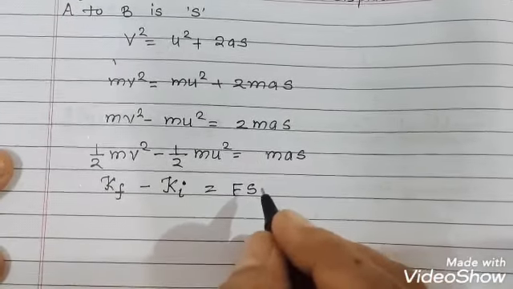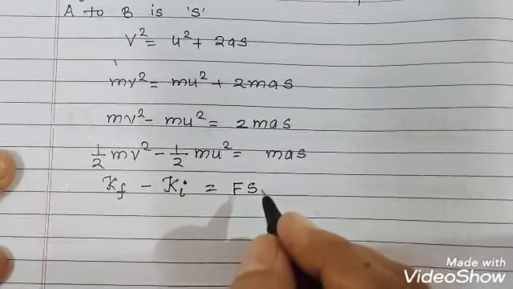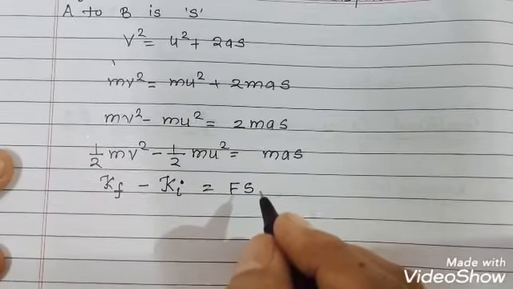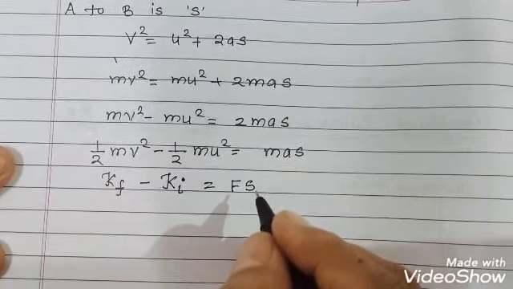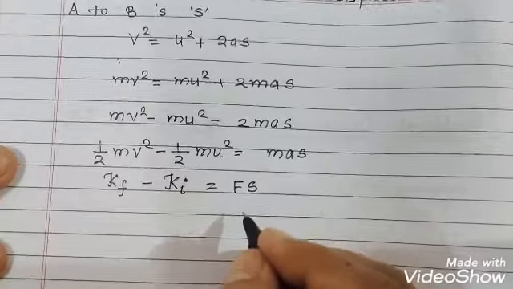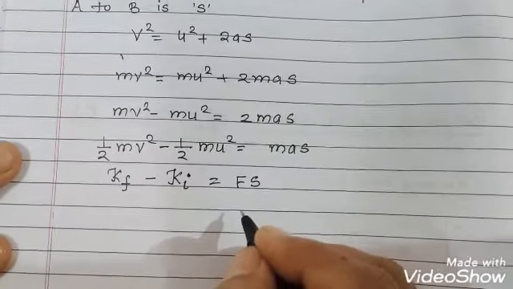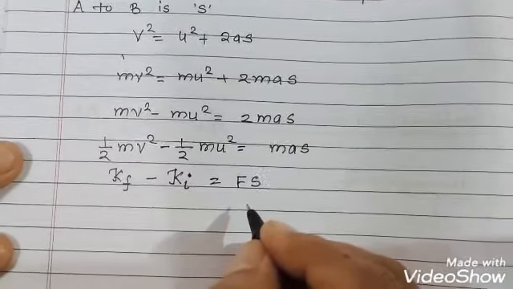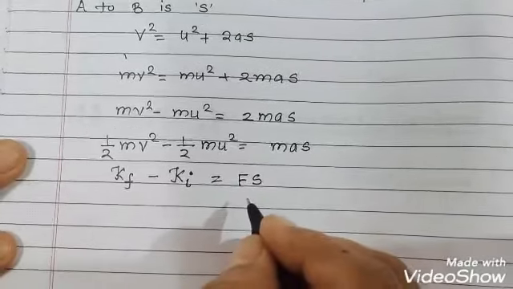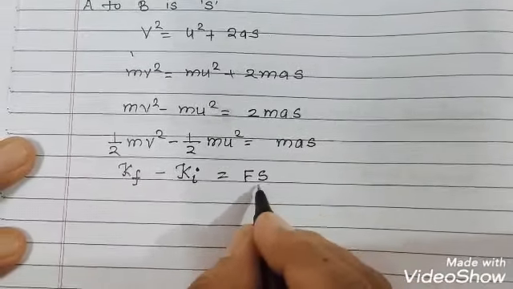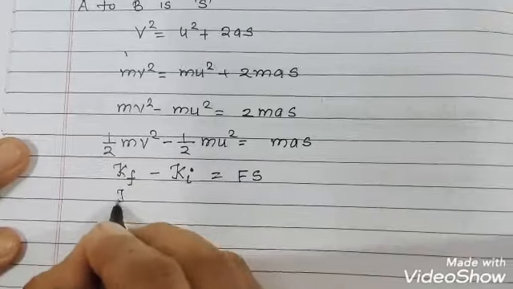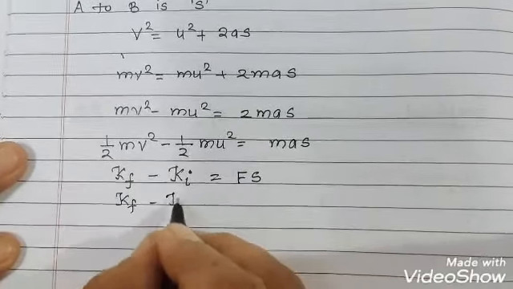I already told you that the force and the displacement are in the same direction, so theta is equal to 0, and cos 0 is equal to 1, so the work done would be force into displacement. That means this force into displacement we write as work done.